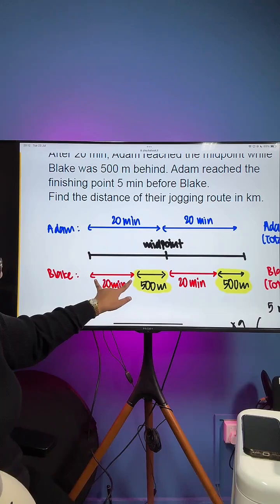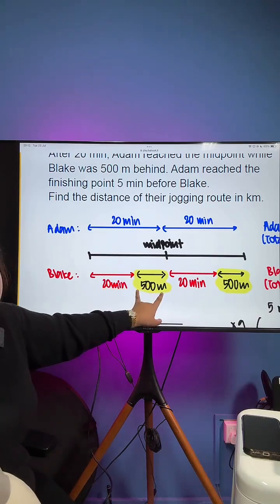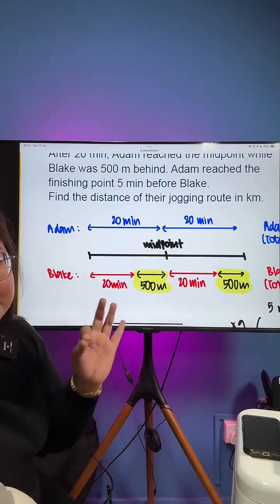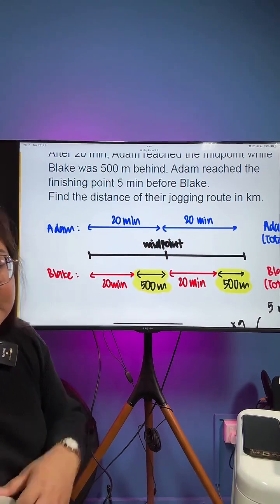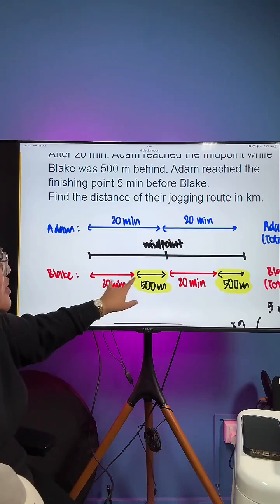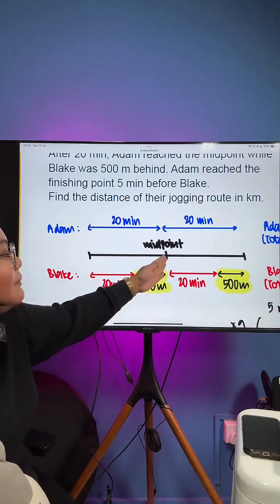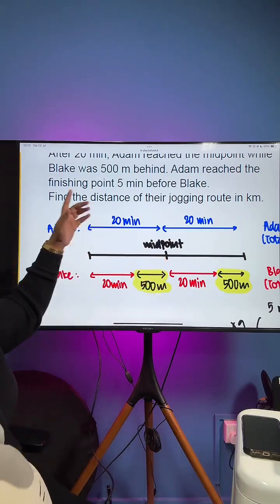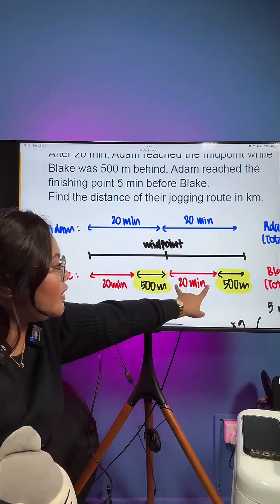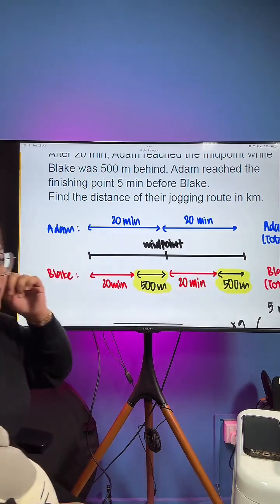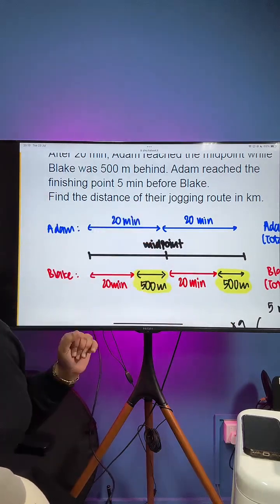So in 20 minutes, Blake still has 500 meters left to reach the midpoint. Okay, this part understand, yeah? So in 20 minutes, Blake still has 500 meters. And since it is the midpoint, whatever is in the front will be the same as the second half. So Blake needs another 20 minutes and then another 500 meters before he reaches the finishing line.